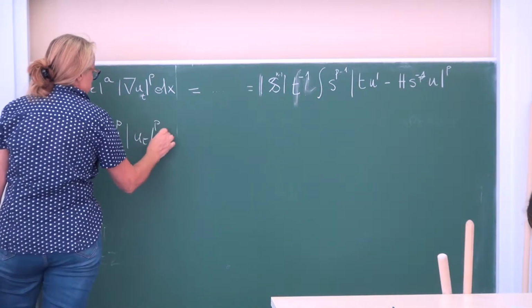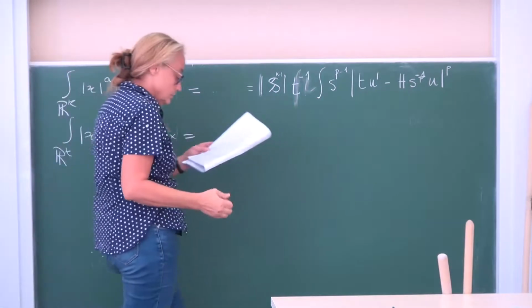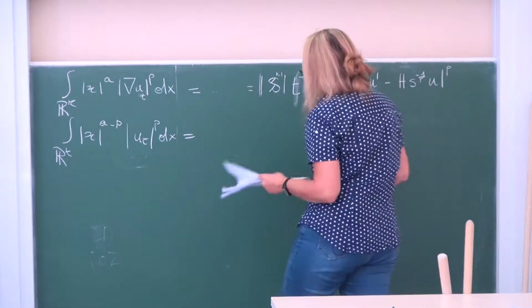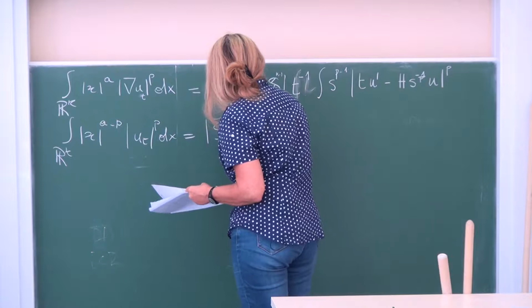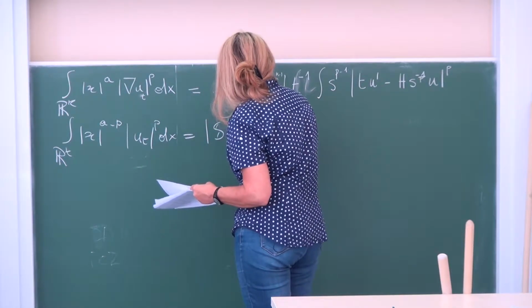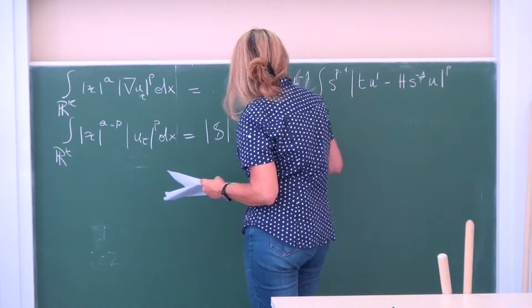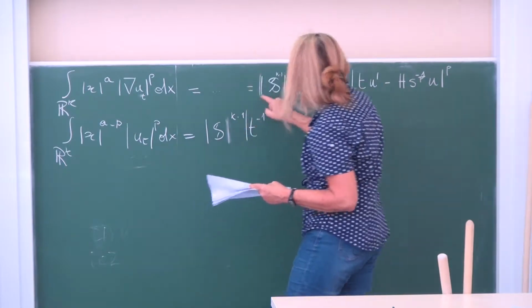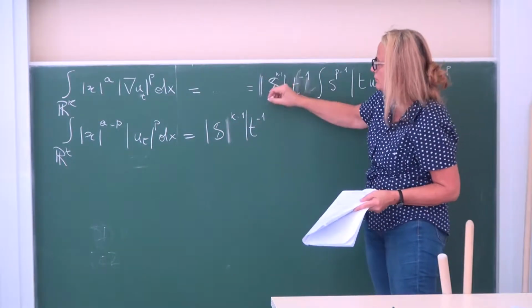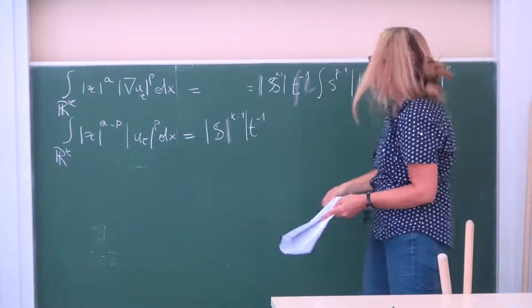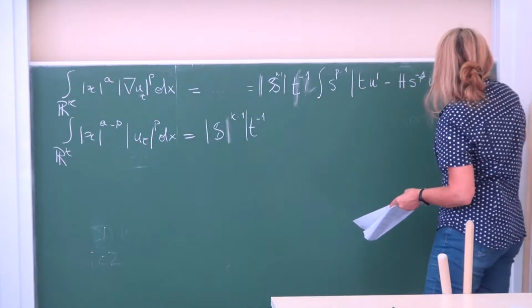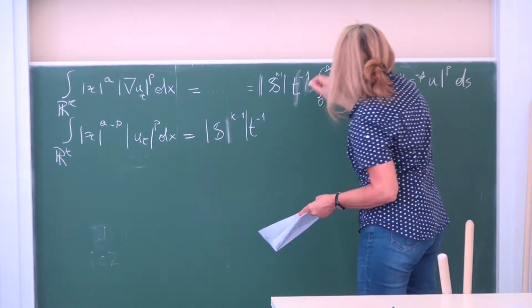Now I check. So the same constant in front. This s, what is this s? This is the measure when you change the coordinates. Yes, sorry, this is an integral.